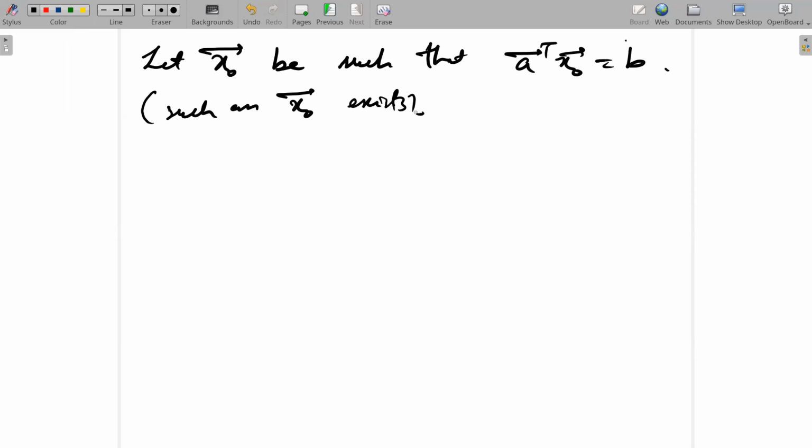So why should such an x naught exist? Can someone give me a quick answer? A is non-zero, yes. All you have to do is choose the corresponding coefficient.